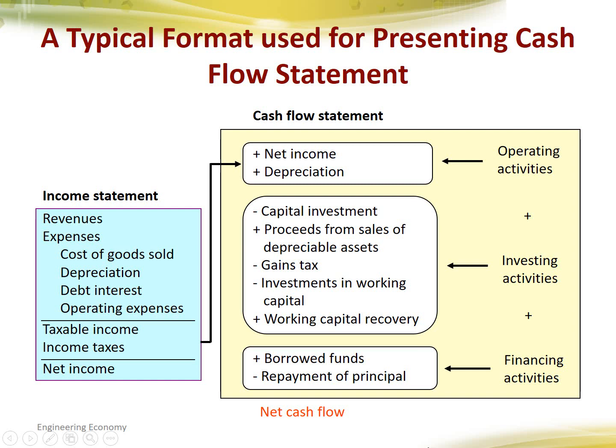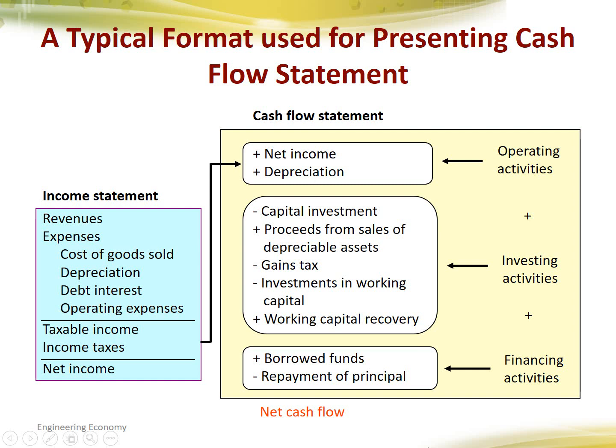For expenses, we have variable cost, which is cost of goods sold. Depending on how many items or how much you sell, there will be costs associated with them. And chances are you have interest that you need to pay. Right? If you borrow the money, you have interest that you need to pay.